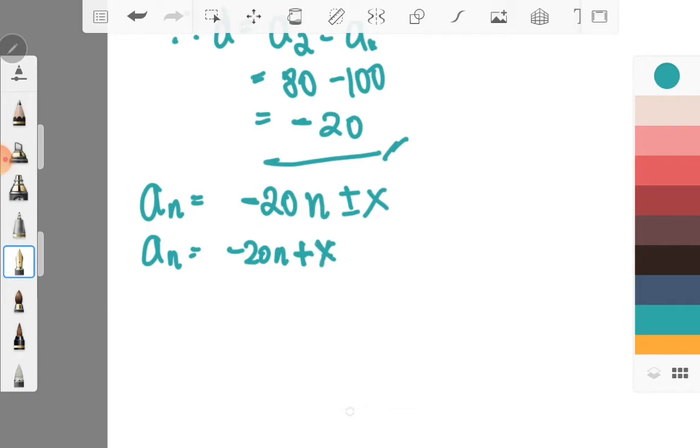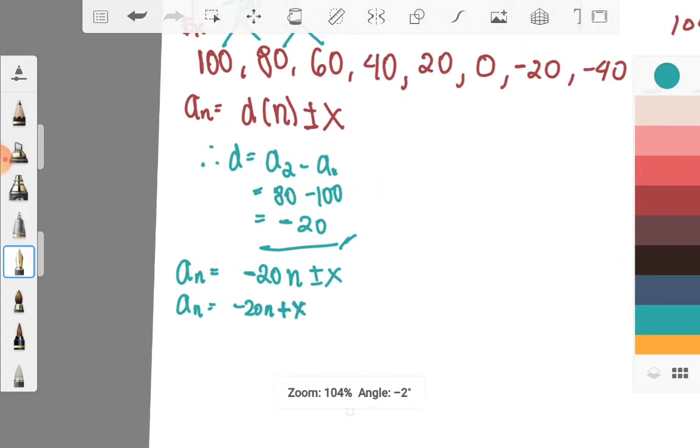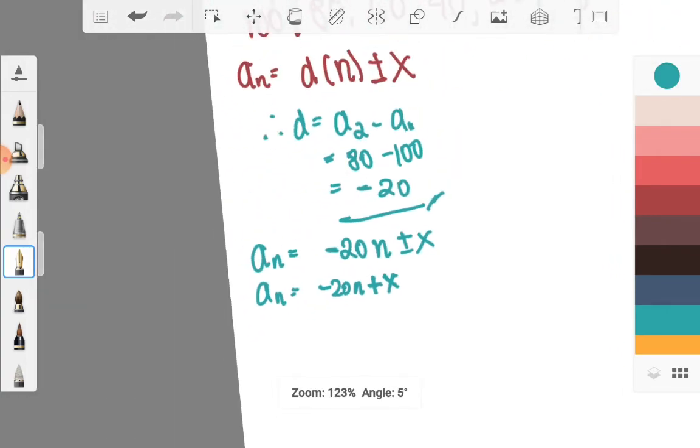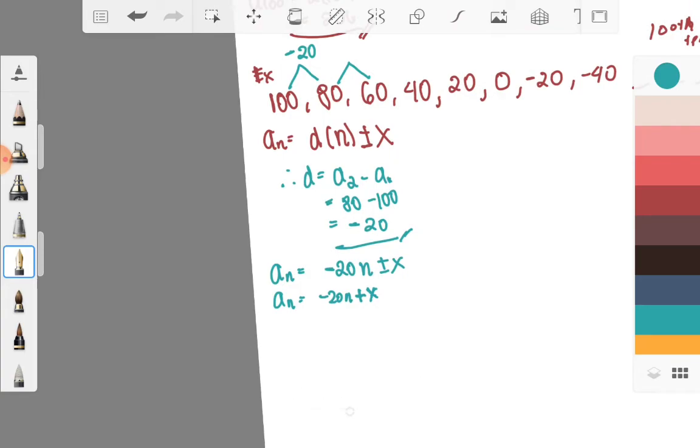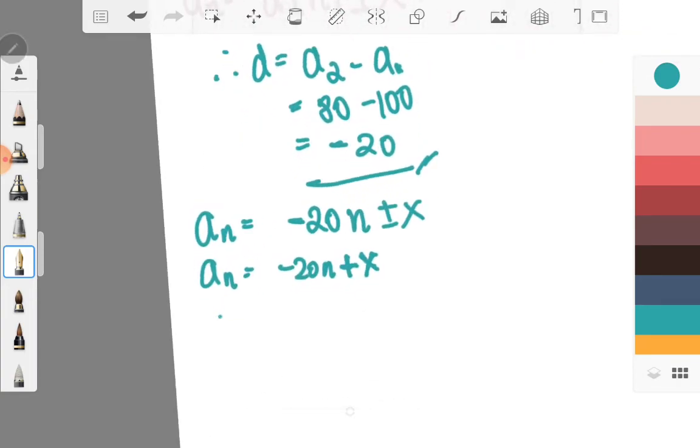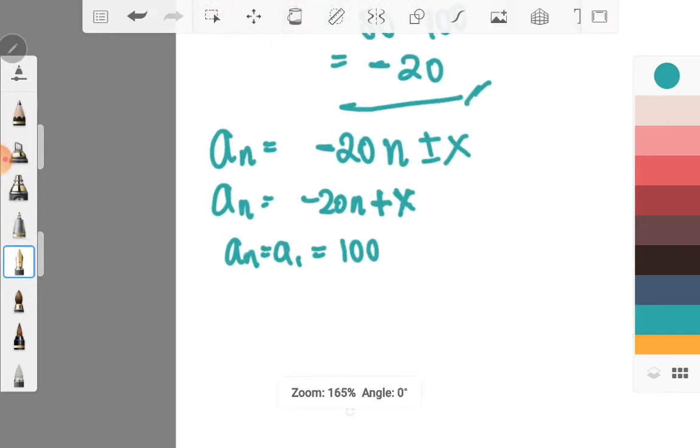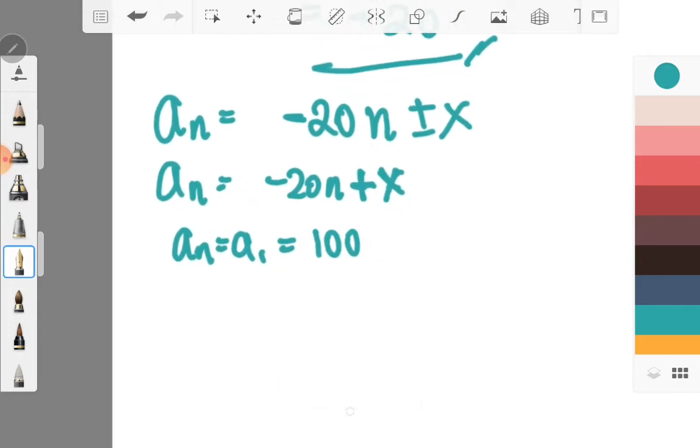So I have an = negative 20n plus x. So let's say an is equal to a1, which is equal to 100. Bakit laging a1, sir? Because it is the safest in order to get your x.